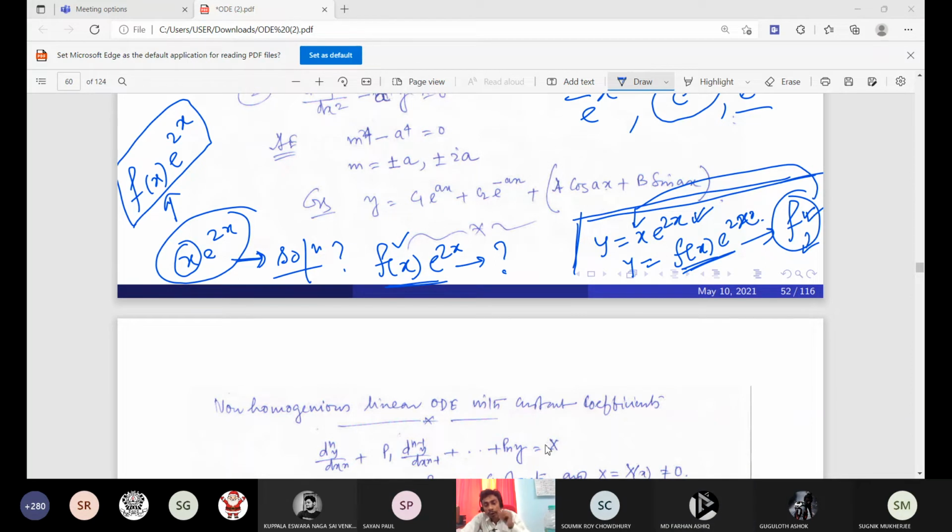Similarly, if you have three equal roots, f(x) maximum can be x square or x. So that will be less than the number of roots that are equal. Let's say 3 roots are equal, then f will be up to second order polynomial, x and x square.